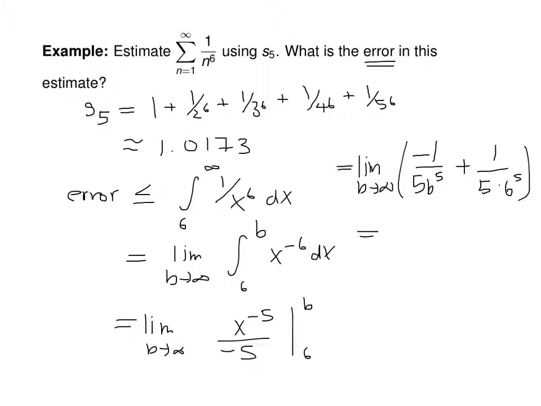So 1 over 5 times 6 to the 5th is about equal to 0.0004287. So maybe I'm crazy, but that's quite accurate for just using the first 5 terms.